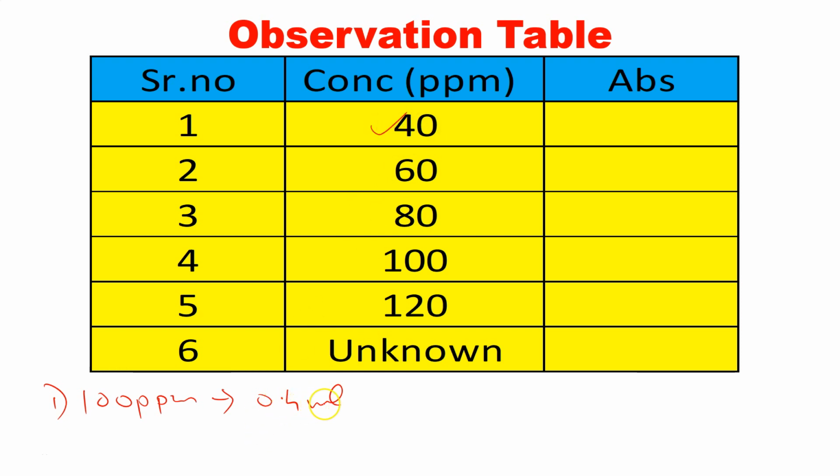We dissolved it in 5 ml of BCG plus 5 ml phosphate buffer, I will just write B for buffer. And then we have extracted it in 10 ml of chloroform.